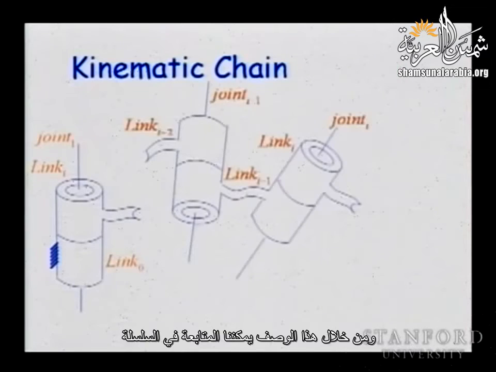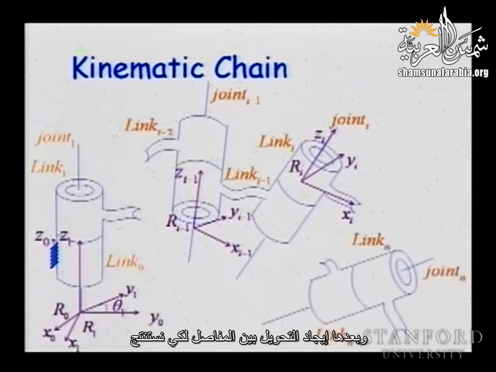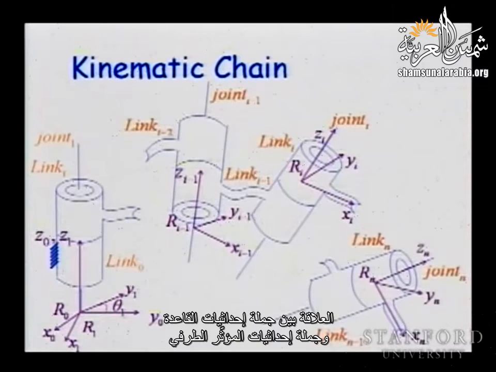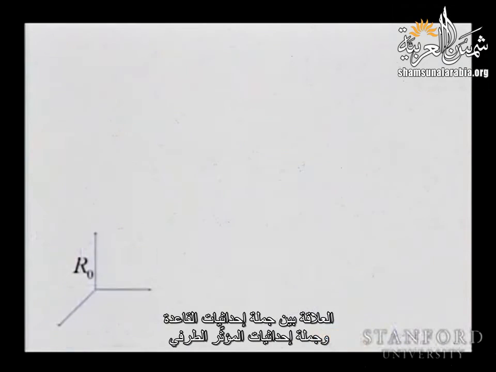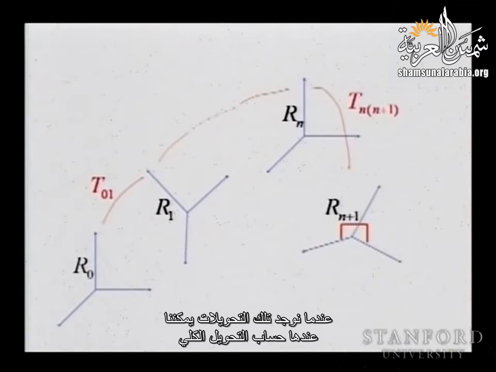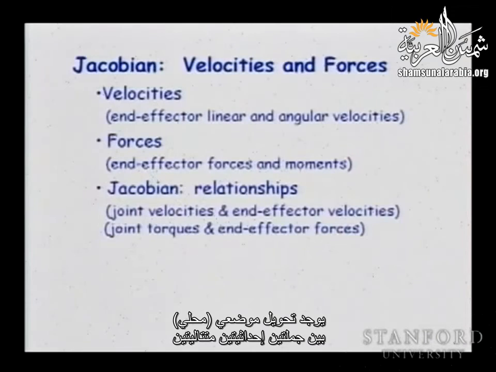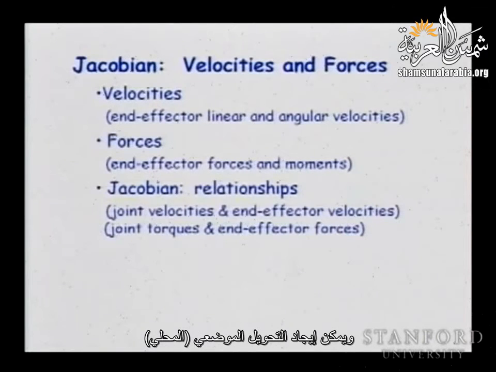And through this we can go through the chain and attach frames to the different joints, and then find the transformation between the joints in order to find the relationship between the base frame and the end effector frame. So once we have those transformations, then we can compute the total transformation. So we have local transformations between successive frames.